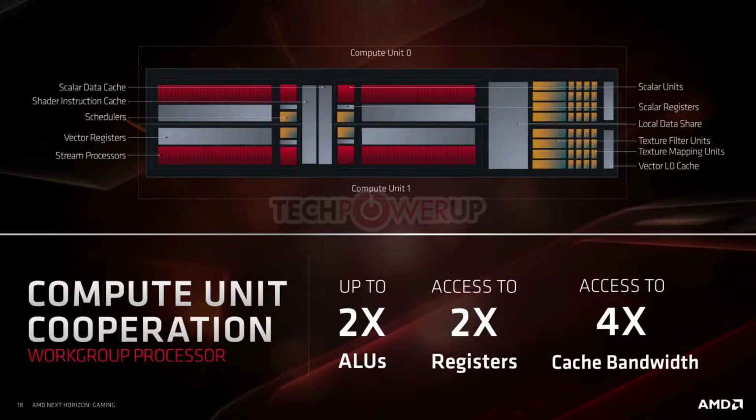RDNA changes how the stream processors and wavefronts are used. Each RDNA compute unit has 2 SIMD cores, each packing 32 stream processors instead of 16. And the compute units themselves are arranged in banks of 2 to form a single workgroup processor. Each workgroup processor shares the same data between the 2 compute units.